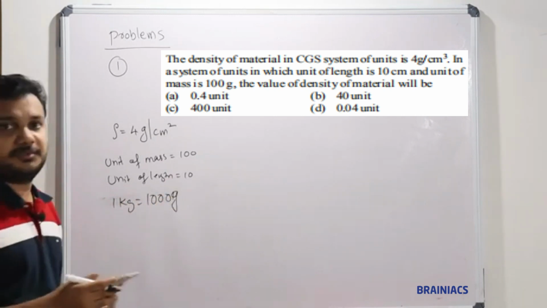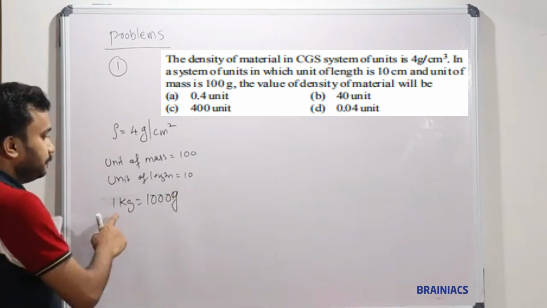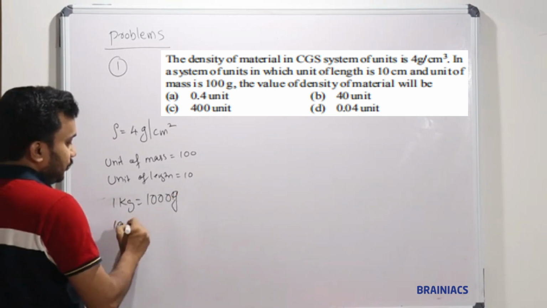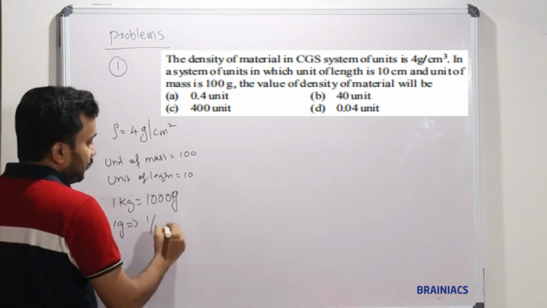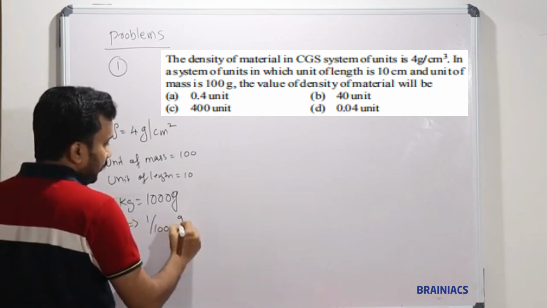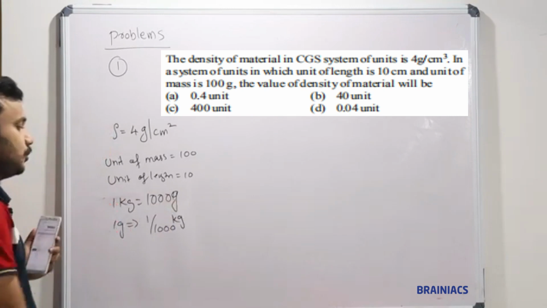You know this. So 1 gram is equal to 1 divided by 1000 kilogram. This is what we have written.